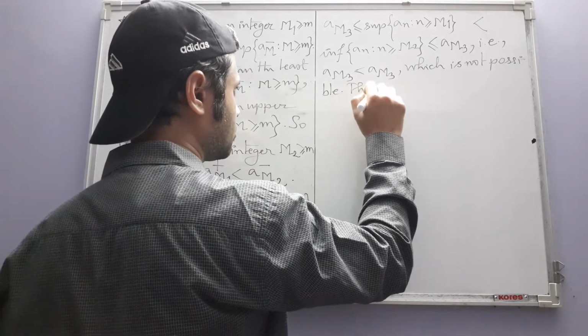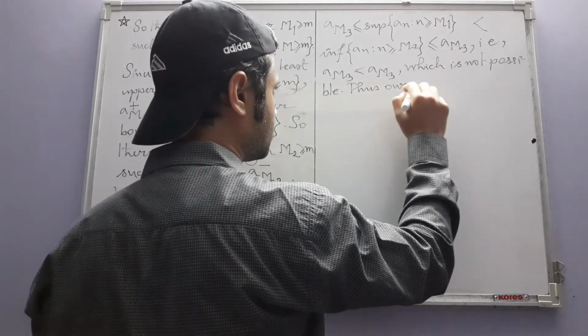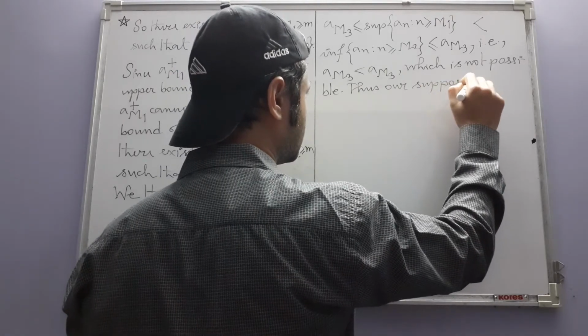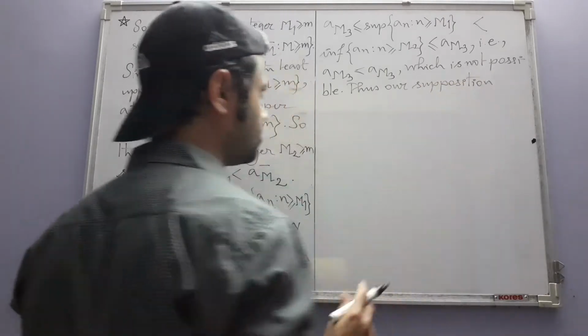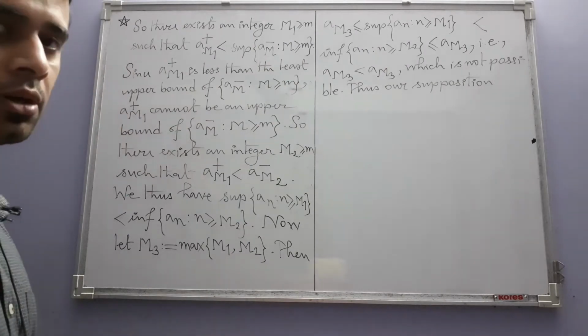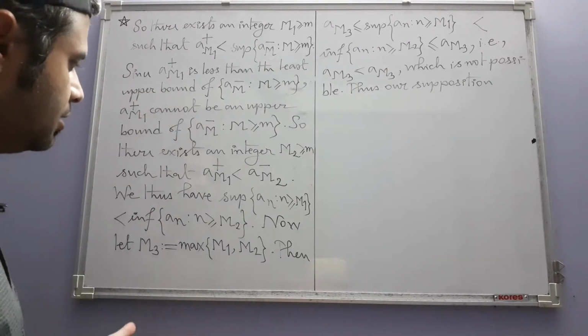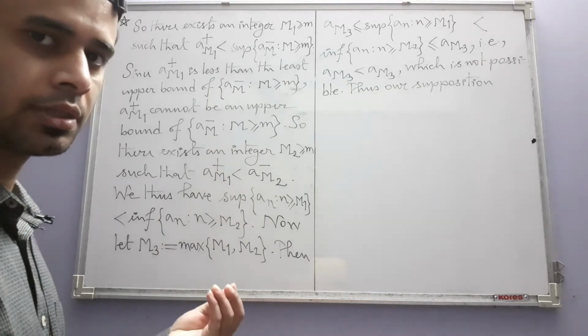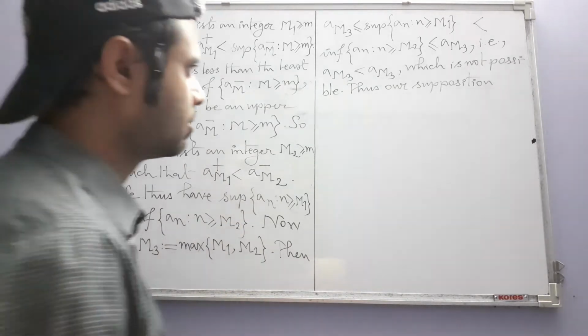Thus, that means the supposition we made, that must be wrong, because whatever we did here, there is nothing logically wrong with the steps. So that means our starting point should be wrong.